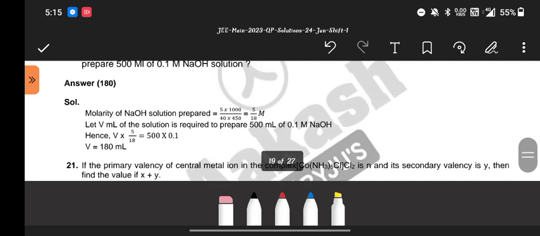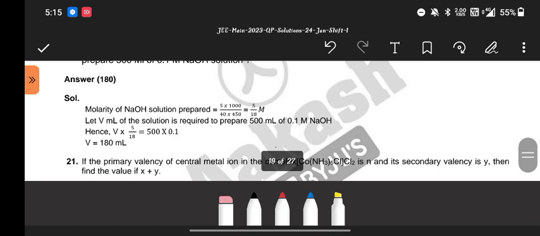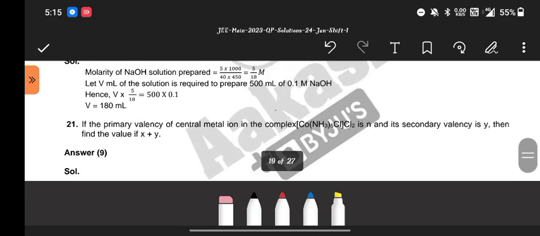Okay, the molarity of the NaOH solution prepared is equal to 5 into 1000 by 40 into 450, that is equal to 5 by 18 molar. So for 500 milliliter of 0.1 molar NaOH, V into 5 by 18 is equal to 500 into 0.1. So therefore V is equal to 180 milliliter is the answer.